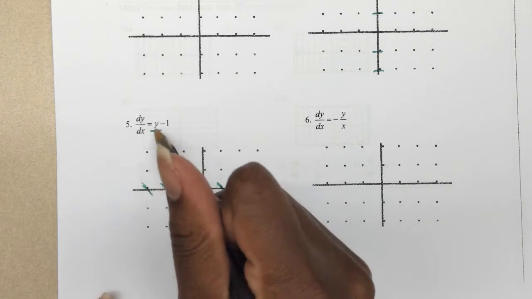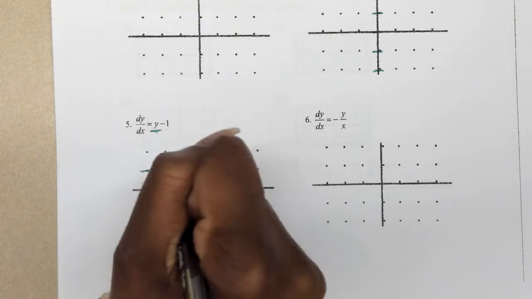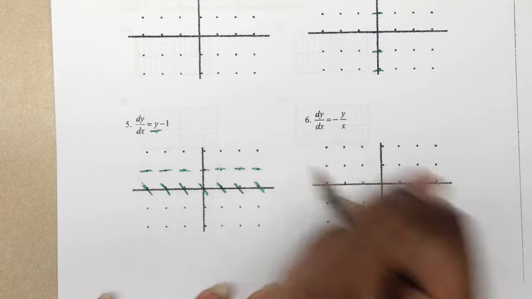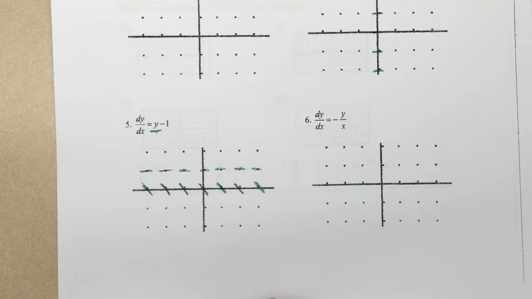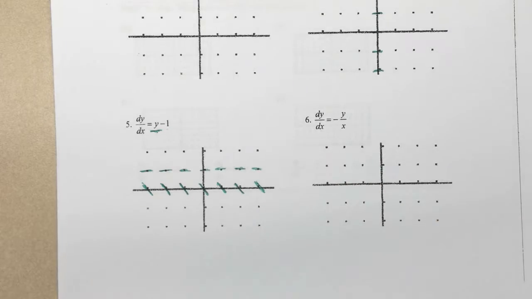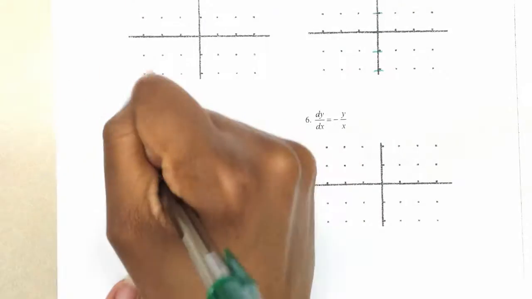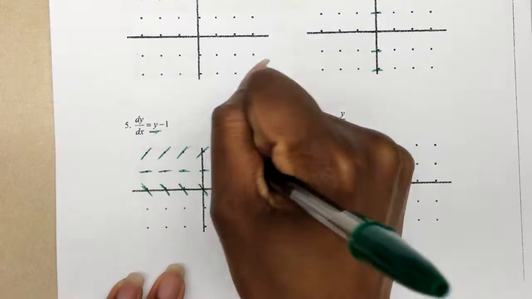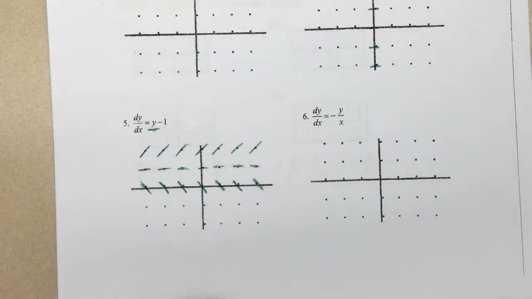When y is 1, we have a slope of 0, so we'll have horizontal tick marks all along the line where y equals 1. When y is 2, our slope is 1, so we'll have positive 1 slope all along when y is 2, and so on and so forth.